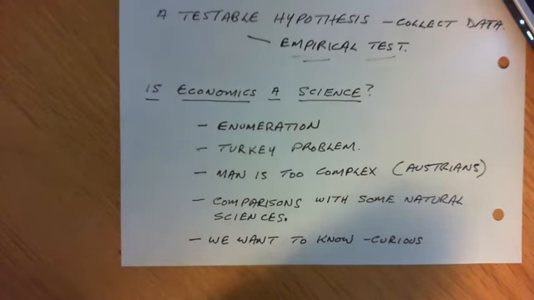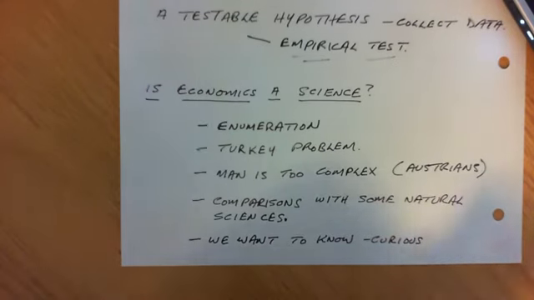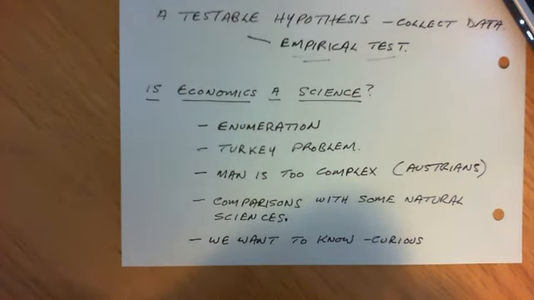It's not good, it's not reliable, and it could lead to bad decisions. Right, those are a few ideas about economics as a science, and it relates to the Robbins definition.